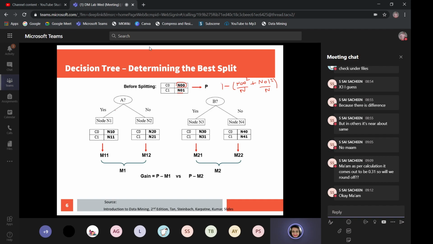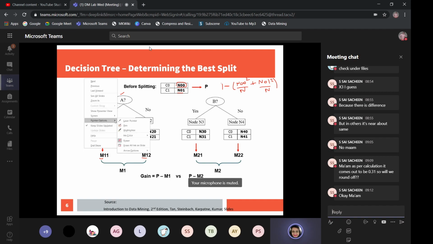Now you want to split on either attribute A or attribute B. This is very important, please listen carefully because you will get such questions in the exam.